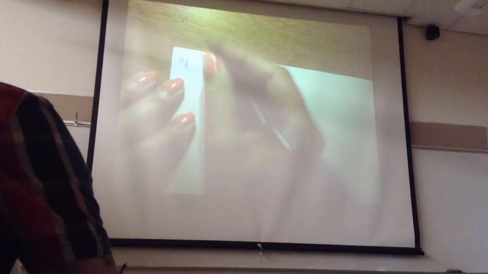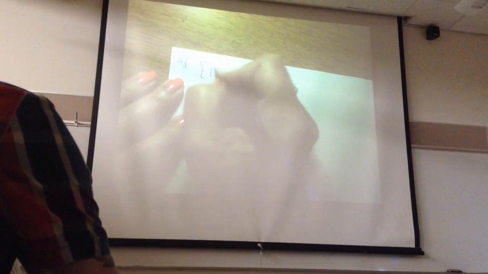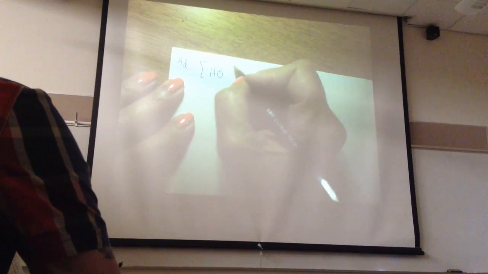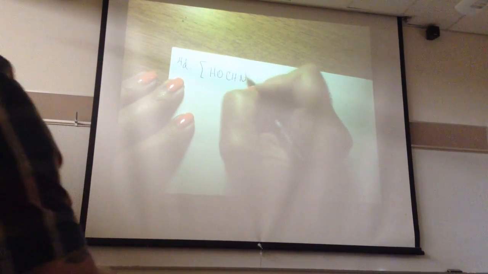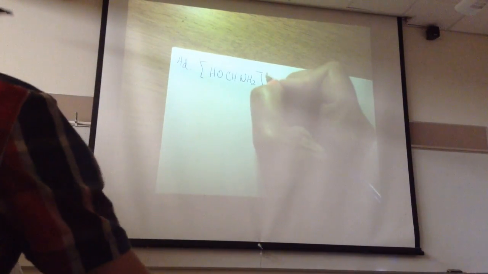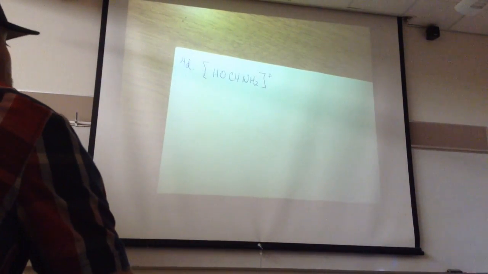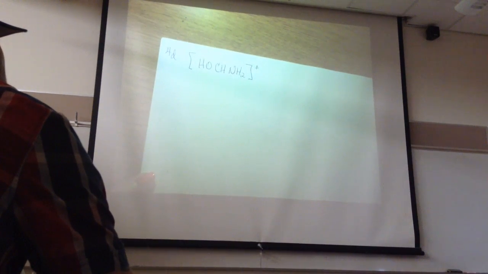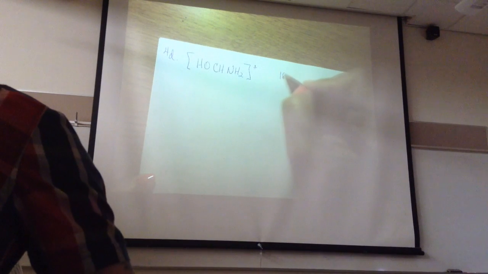Okay, letter D. This is 4D, and 4D looks like so. I have an HO, a CH, an NH2, and over here is a plus. How many electrons here again? Anybody counted? 18 again.